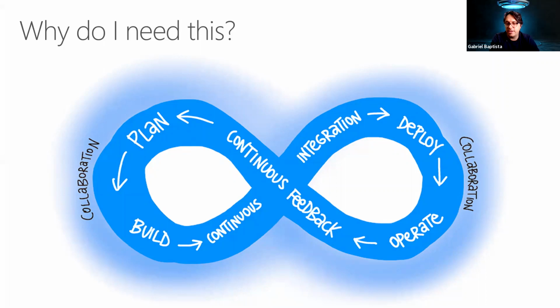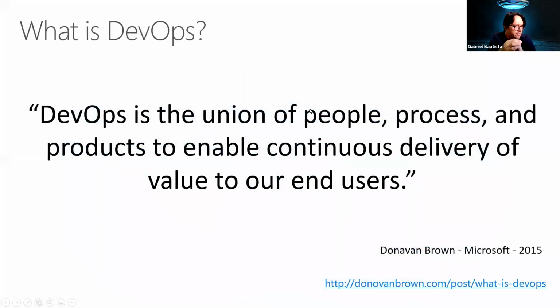You have to understand that as a DevOps professional, or better, as a DevOps philosophy, you've got to work in a way where monitoring is part of your development lifecycle, right? That's the point that I want to discuss here. Just to remember, we're talking about DevOps, and DevOps is the union of people, process, and products to enable continuous delivery of value to our end users, right?